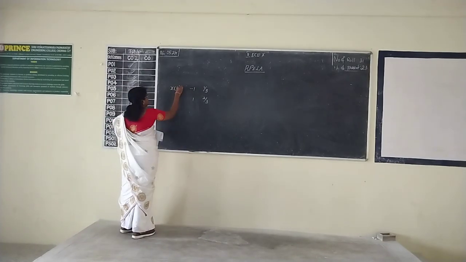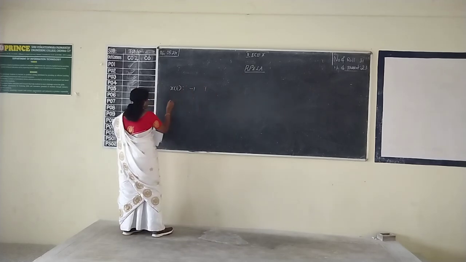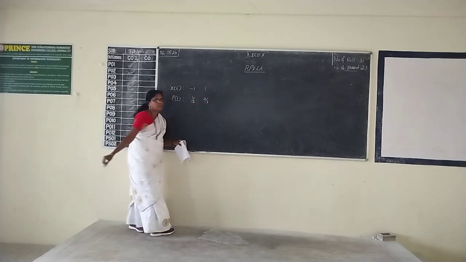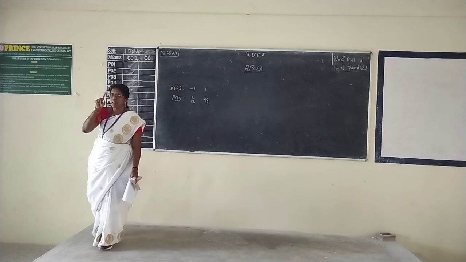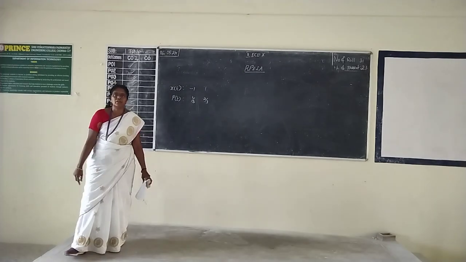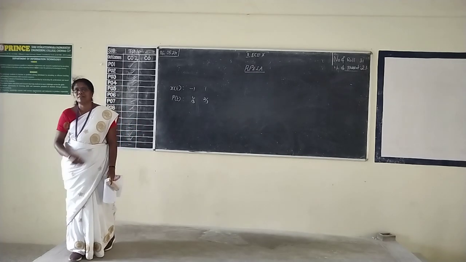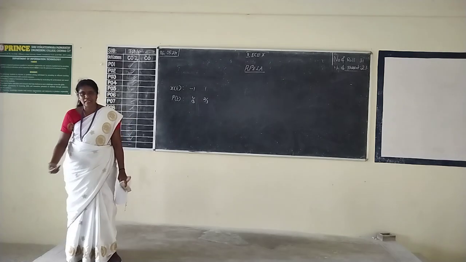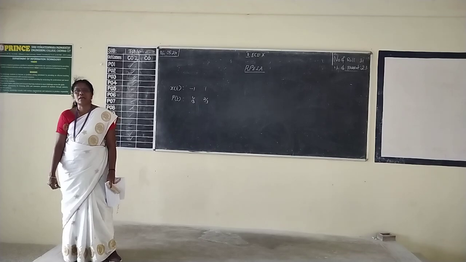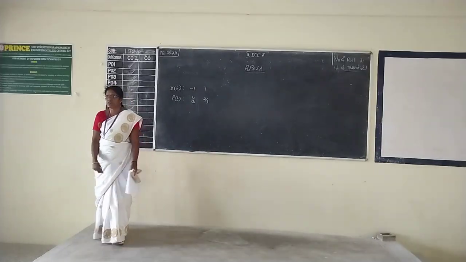Given x of t takes the values minus 1 and 1, with corresponding probability values 1 by 3 and 2 by 3. In the formulas, I gave only the continuous formulas because the majority of the problems will be continuous. You all know the discrete formula. What is the formula for expectation of x? Expectation of x equals summation of x into p of x. The same similar formula we are going to use here.